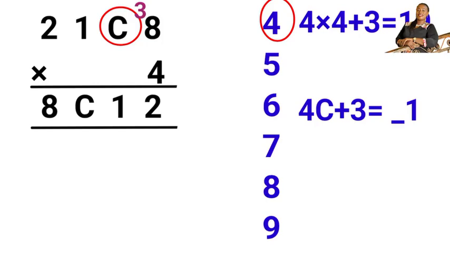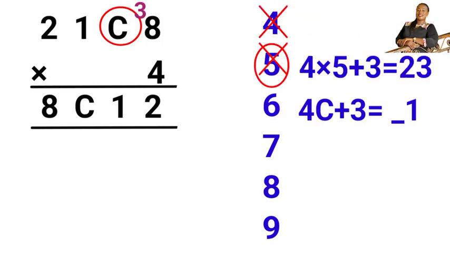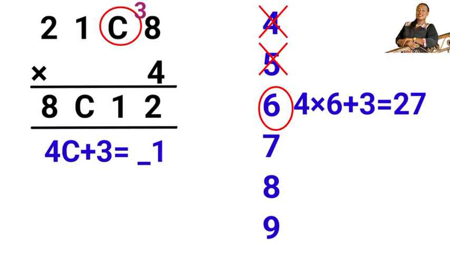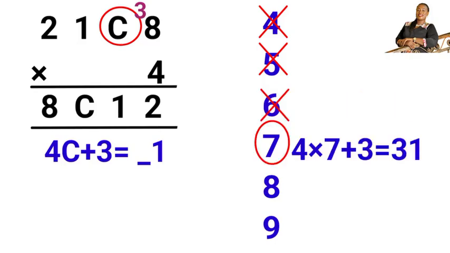So there's no 1 at the end. We cannot use that. 4 times 5 plus 3 will give us 23. We can't use that. 4 times 6 plus 3 gives us 27. No, we can't use that. 4 times 7 plus 3 is 31. This has 1 at the end. It will work.